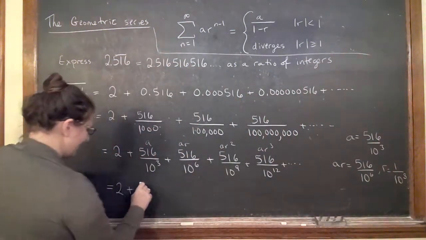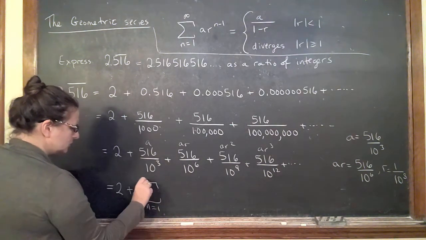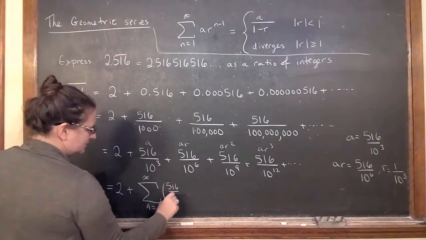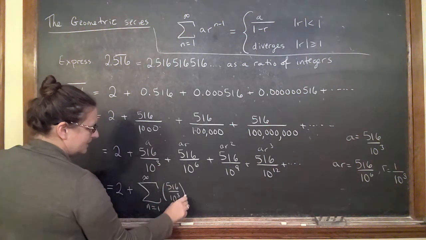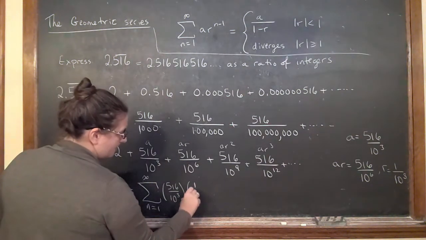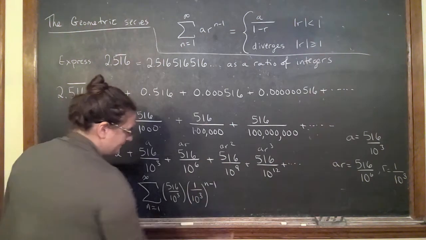So I can write this as the sum from n equals 1 to infinity of 516 over 10 cubed, that's the A, times R, 1 over 10 cubed to the n minus 1.